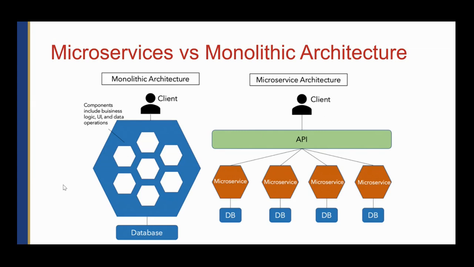But in the case of microservices, everything is split into different functions, and each microservice has its own database to work with. So parallel processing of the application insights can be done with the help of microservices, because a variety of databases and a variety of microservices for each application or model are involved. So parallel processing can be done efficiently in this microservices architecture.